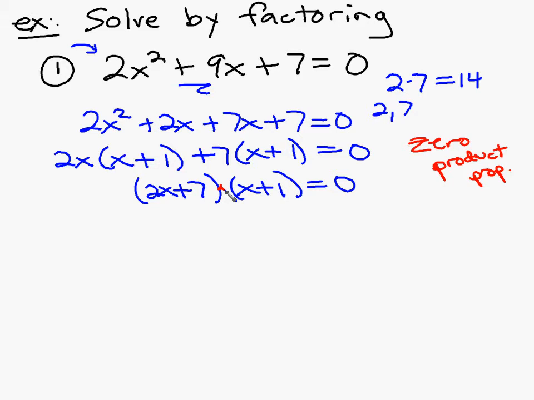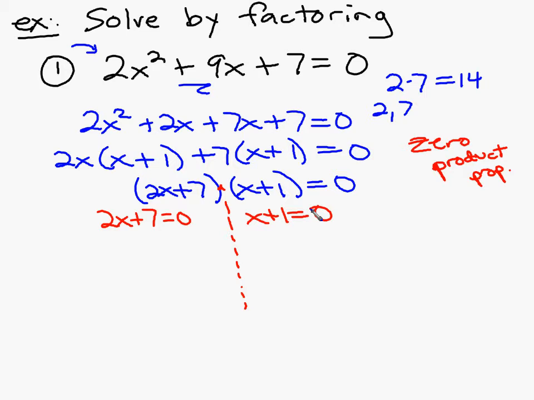Right? So in this case, there are two possible solutions, it looks like. There's not always two possible solutions, but in this case, there will be. We split this up and we set up two little mini equations. And you've probably done this a little bit in Algebra 2. And we solve each of those little mini equations separately.